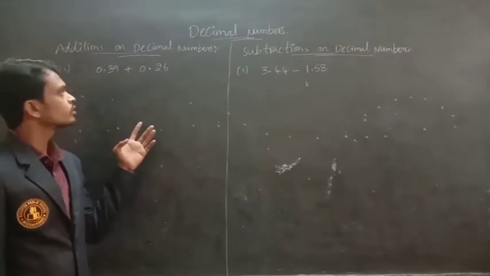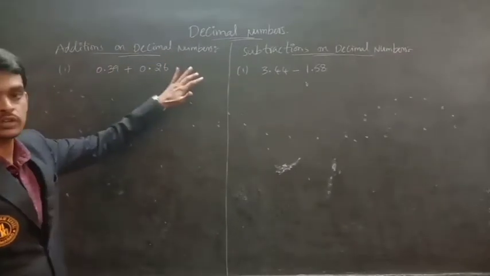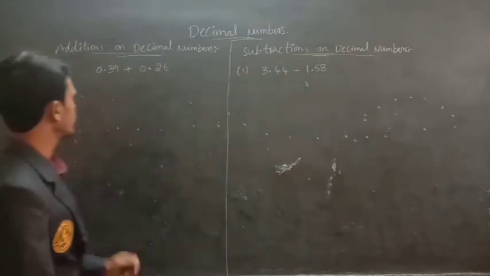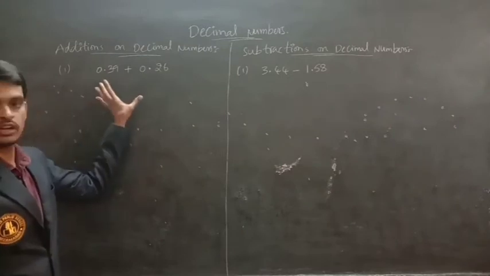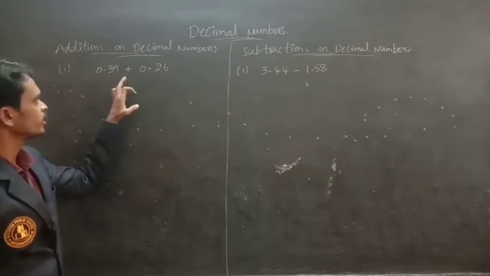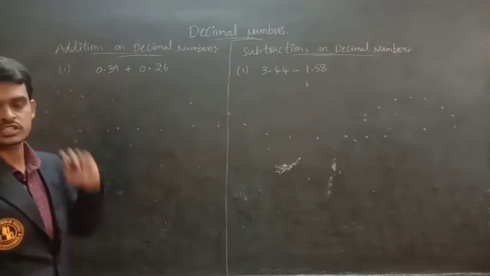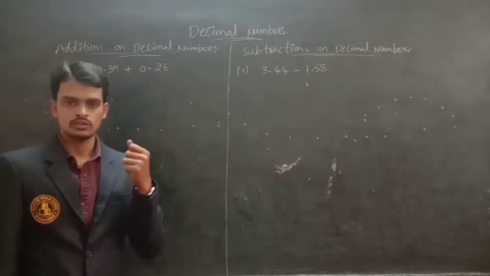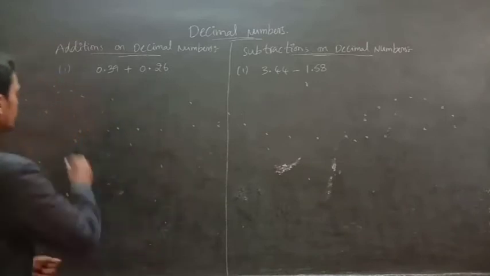Let us discuss addition and subtraction of decimal numbers. Here we are adding two decimal numbers, 0.39 plus 0.26. When adding decimal numbers, we have two methods. Let us discuss the first method.